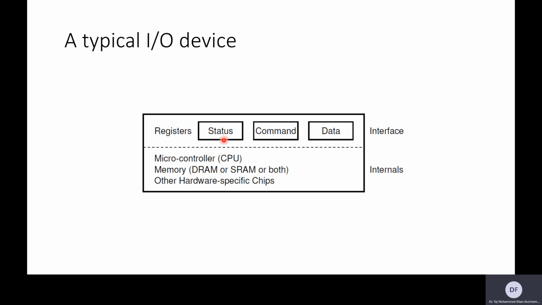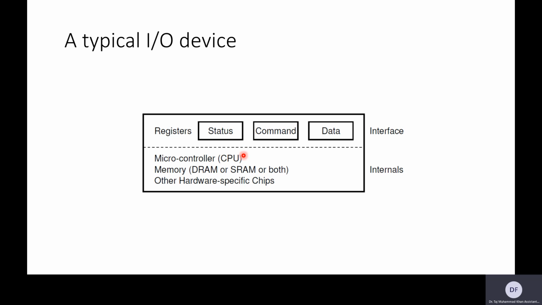The device can also read and write data from these registers, and the CPU can also read and write data from these registers. So when we connect our device to the computing system through a bus like USB or eSATA or PCIe, we are connecting this interface to the motherboard interface so that the CPU can get access to and read and write data in these registers.